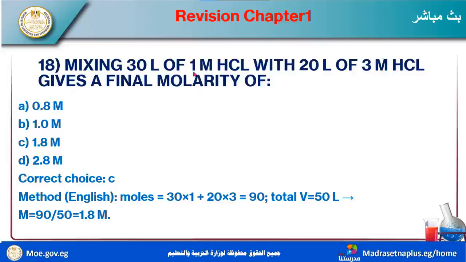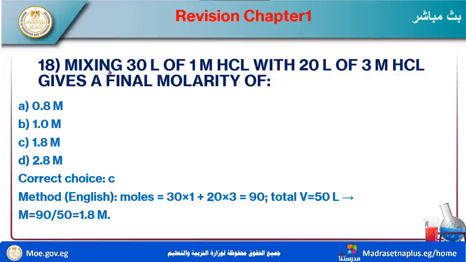1 molar times 30 liters, the number of moles here is 30 moles. 3 molar times 20 equals 60 moles. Add 60 moles to the 30 moles, equal to 90 moles, and you have a total volume equal to 50.